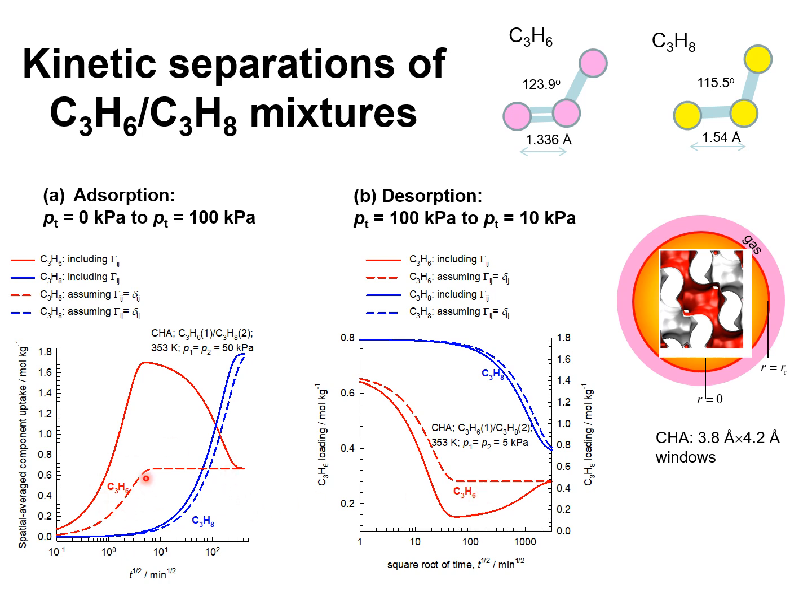On the left-hand side, we have transient uptakes from a virgin Chabazite zeolite that is exposed to a total gas mixture at a pressure of 100 kilopascal, 50 kilopascal each for propene and propane.